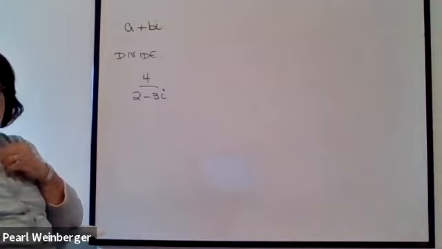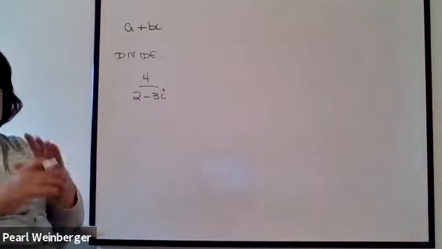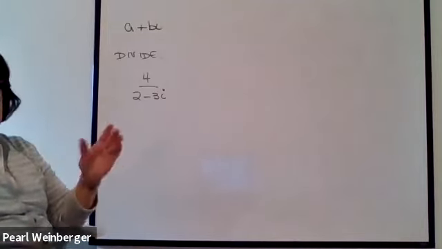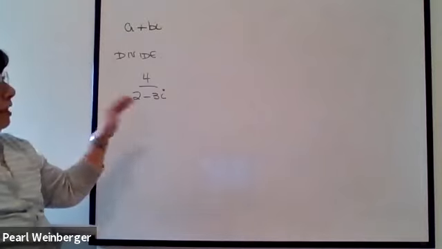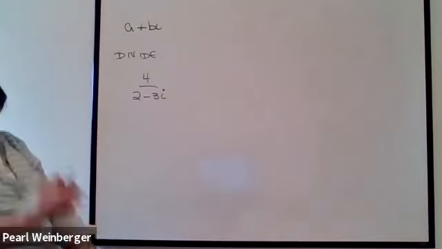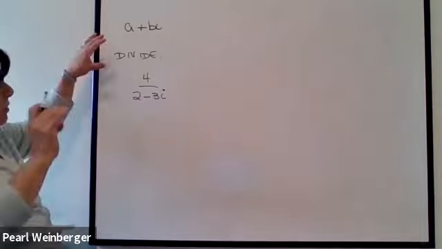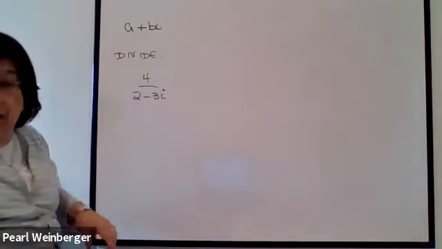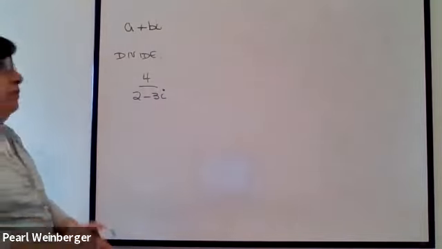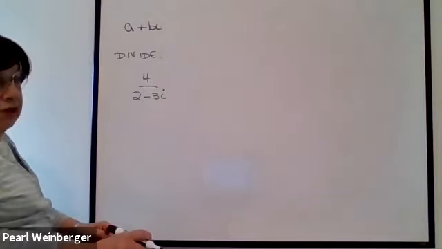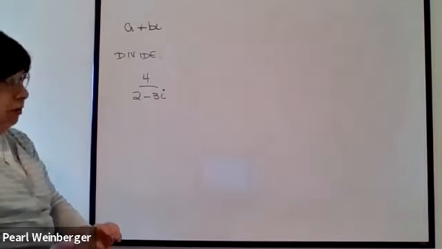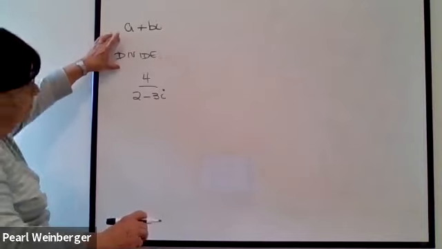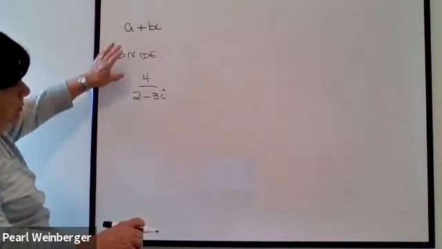And we don't want i's in the denominators, we don't want square roots in the denominators. We've got to somehow get rid of this i from the denominator. That's what we're aiming for, just to simplify it. So it could just say rationalize the denominator. It could say divide. It could say simplify.